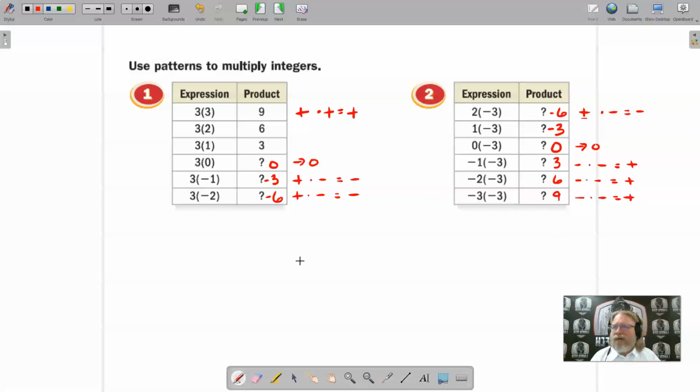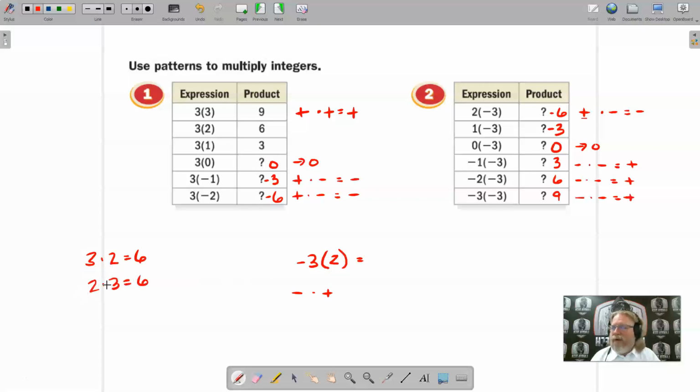One thing we didn't see was, well, what about negative 3 times positive 2? What would that equal? Well, this is a negative times a positive. We really haven't seen that here. We got positive times negatives. But one thing we know is that 3 times 2 equals 6, and 2 times 3 equals 6. So that means that we could actually reverse the order.